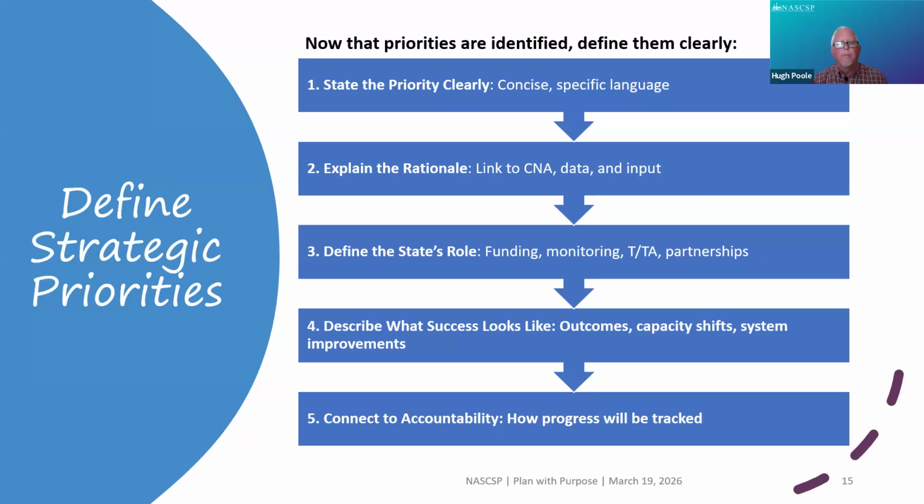So an improved outcome, stronger capacity, better coordination, things like those, right? And then lastly, it'll connect to accountability, explaining how progress will be reviewed and adjusted over time. So a strategic priority like that should be clear enough for readers or listeners to understand what will change because of what it is you're proposing.